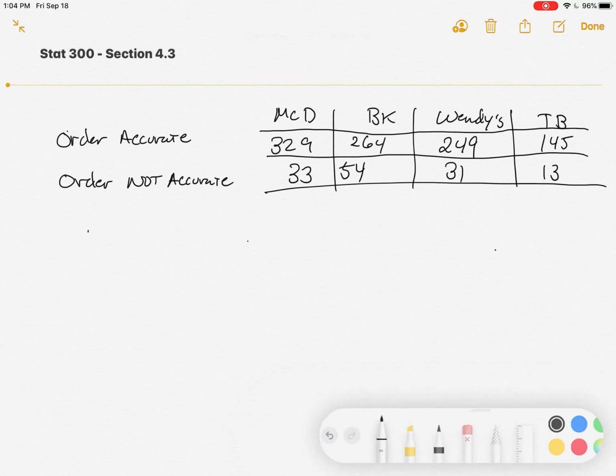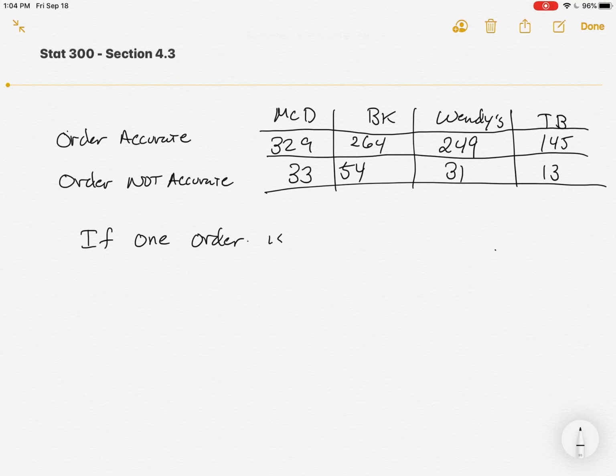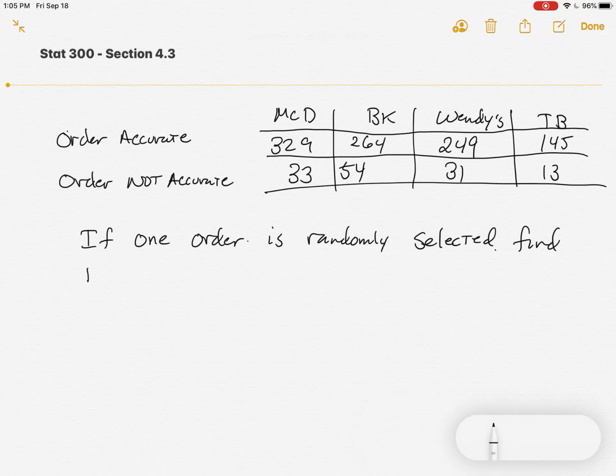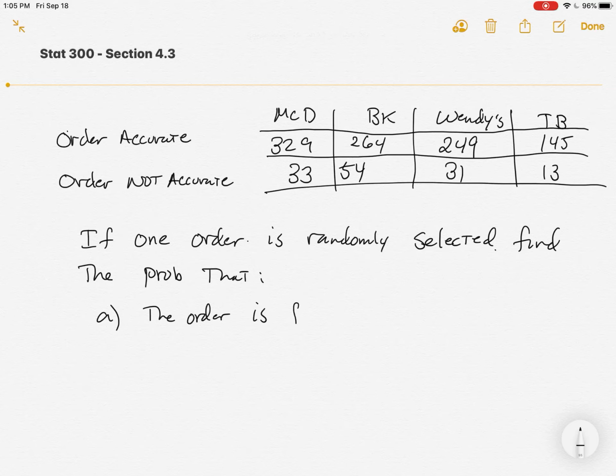We could ask a question like this: if one order is randomly selected, find the probability that the order is from Burger King.